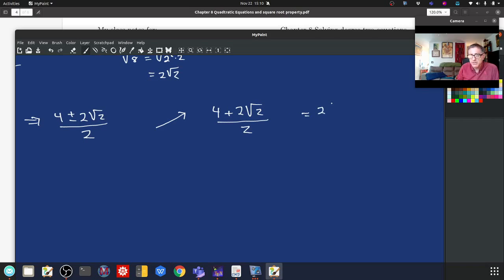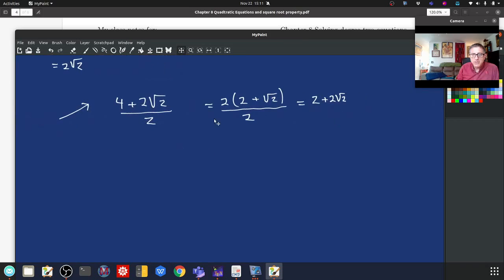I can factor out a 2. So that's equal to 2 plus 2 times the square root of 2. And once you have that done, you can immediately say the other is 2 minus 2 times the square root of 2. So those are my two answers.